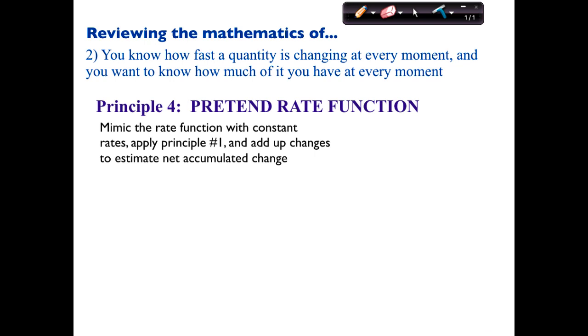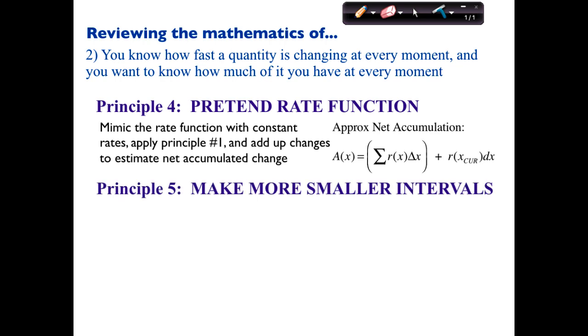So we're going to make this pretend rate function out of steps so that we can use dy equals m dx to calculate little changes and put together the accumulation function. And that was the skeleton of it, right? The sum of all the change from completed intervals plus a little bit more change from the current interval.